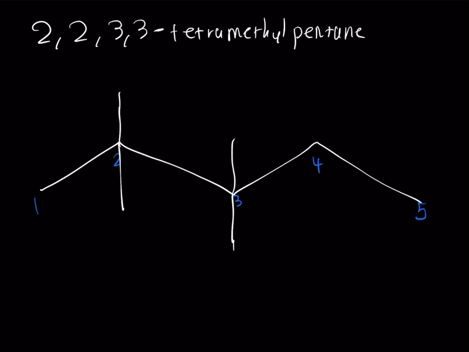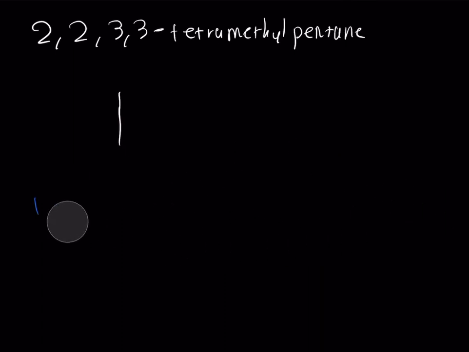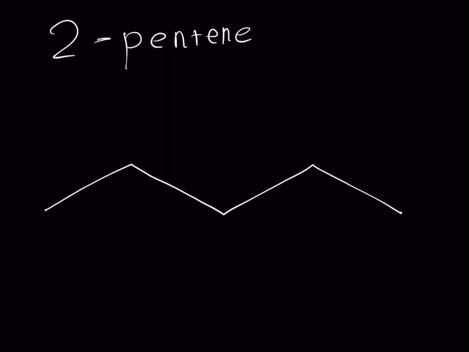Now we've looked at alkanes so far, where the carbons only have single bonds between them, but in this case we're going to have at least 1 double bond between the carbons. So we have 2-pentene. How do we draw this? Pentene is basically pentane, but an alkene version. So it's once again associated with having 5 carbons. So if I draw 1, 2, 3, 4, 5.